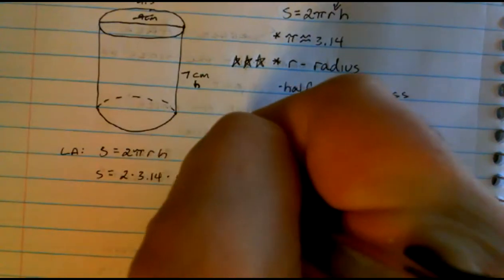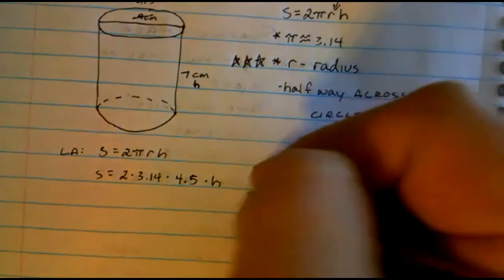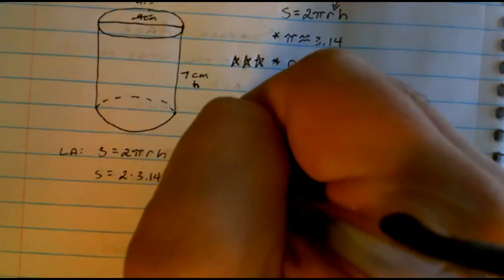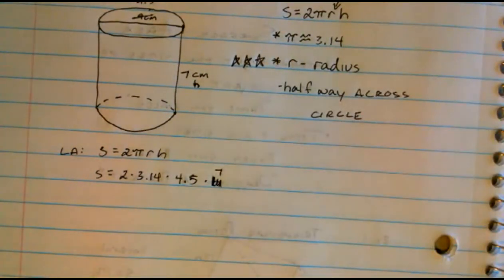All right, so we're going to go LA and say S equals 2 pi RH. And so S equals 2 times 3.14 times the radius, which is 4.5, times H, which was 7. So all we have to do is multiply all that together and we'll have an answer for our lateral surface area on this shape.